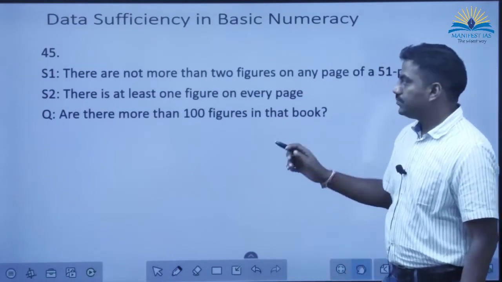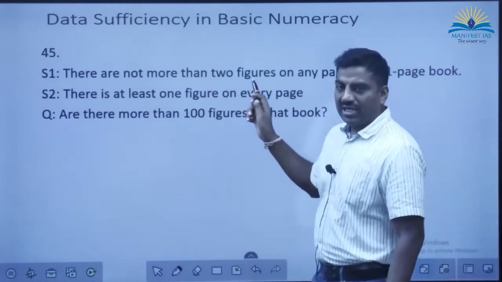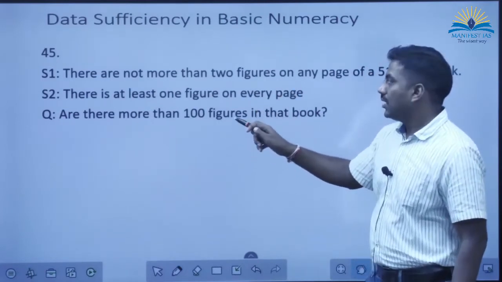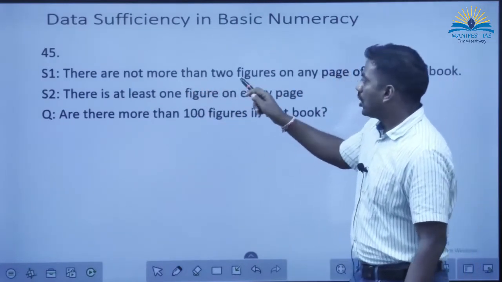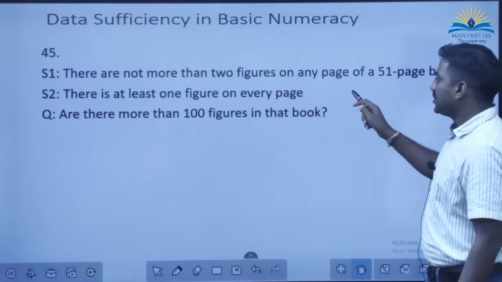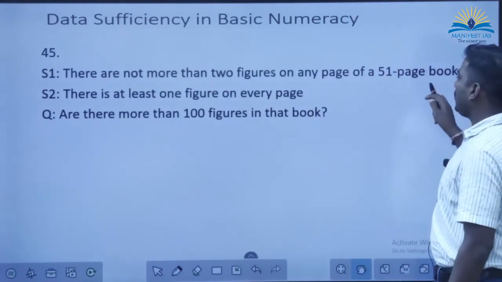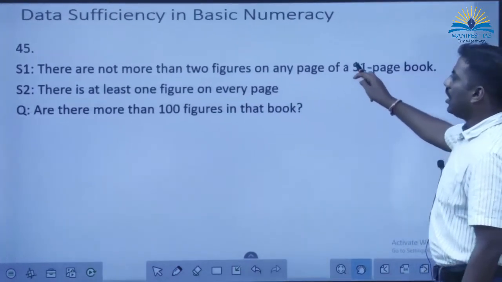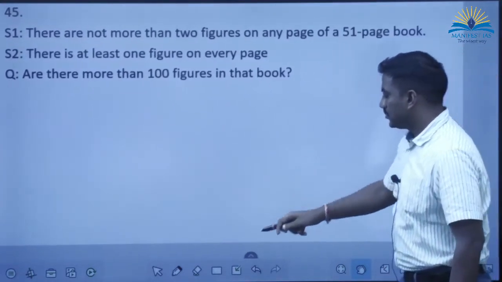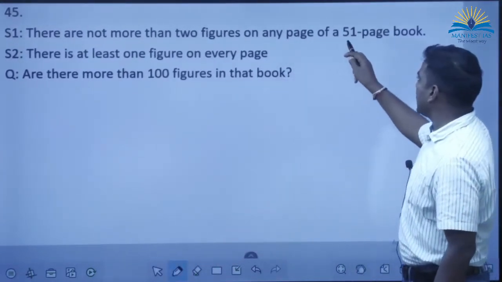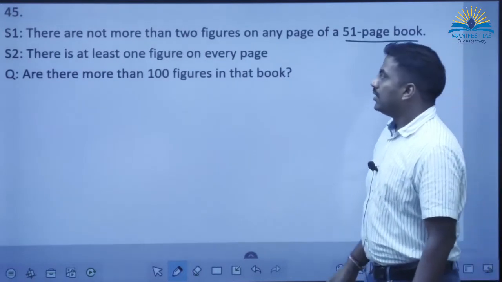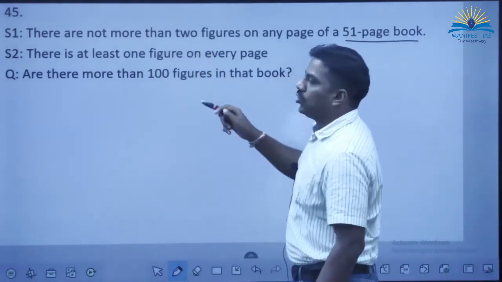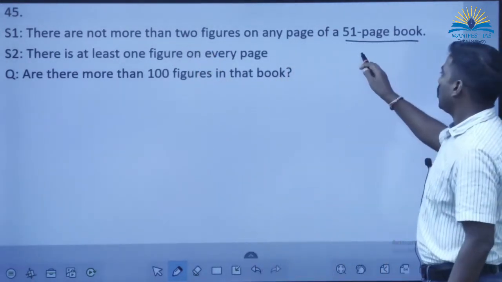First think of statement 1, then go to question. There are not more than 2 figures on any page of a 51 page book. There is a book of 51 pages, and there are not more than 2 figures.